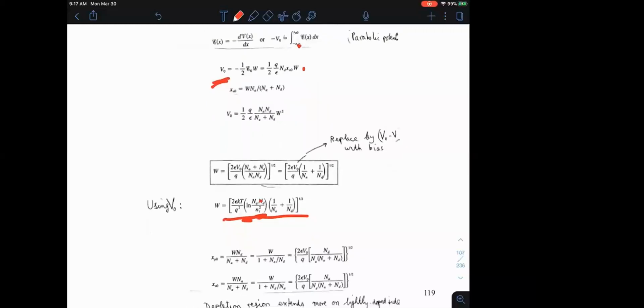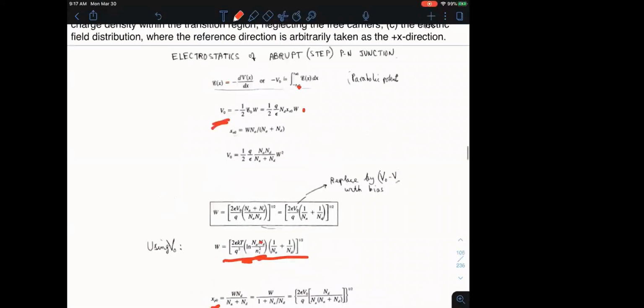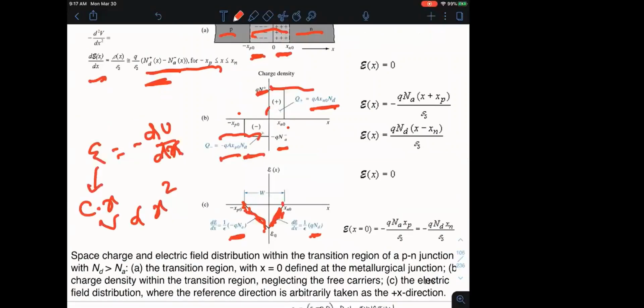Now, not only can you get the total depletion width, as I told you before spring break, you can also figure out how much the depletion region spreads out on the P side versus the N side. To do so, all I need to remember is that the total depletion charges on the two sides must match, right? So the total depletion charge Na times Xp must match Nd times Xn.